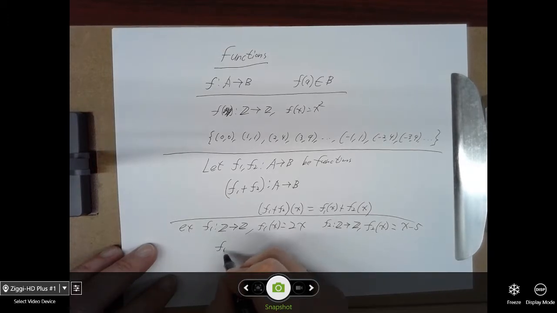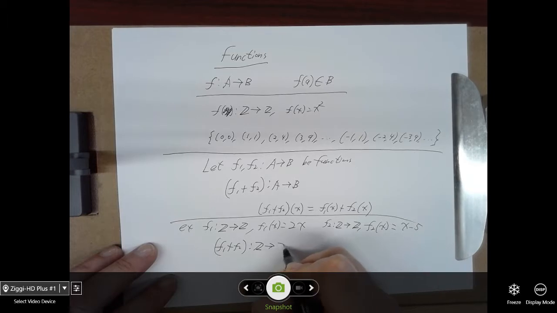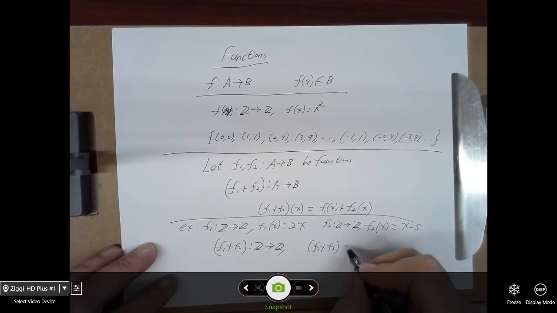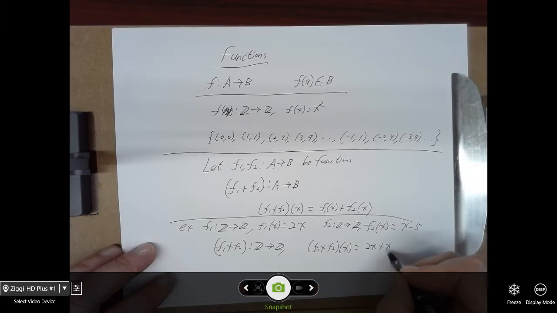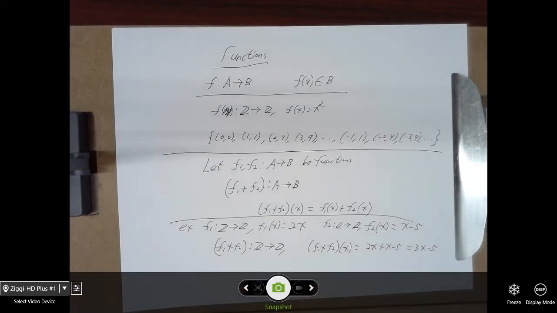So f1 plus f2 is a function from Z to Z which takes an element x and maps it to 2x plus x minus 5, which is 3x minus 5. So kind of the way that you would hope addition works, right? You can just pull it outside and do the additions independently.